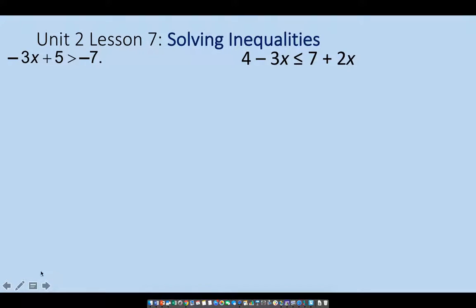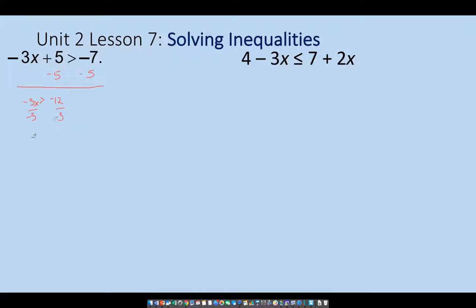All right, let's get to some example problems. Here would just be a regular old inequality. First thing, we'll treat it just like a regular equation. We would subtract -5 from both sides. Now I've got -3 is greater than -12, and I guess 3x. So here I divide both sides by -3.